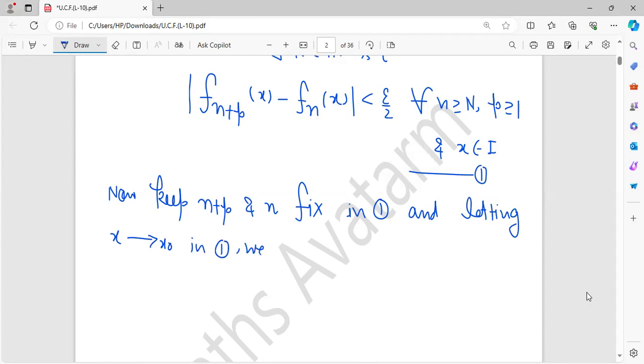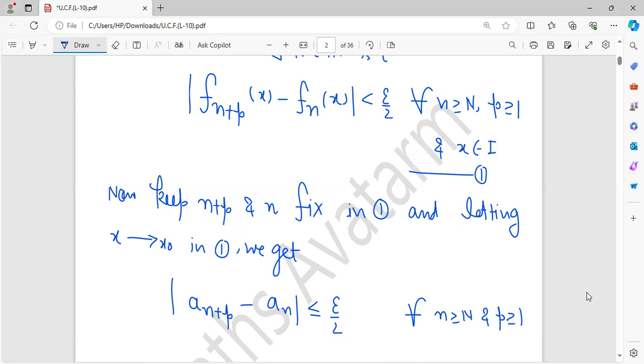What do we get when we take the limit as x tends to x naught? This will be |a_{n+p} - a_n| less than or equal to epsilon by 2 for all n greater than or equal to capital N and p greater than or equal to 1.